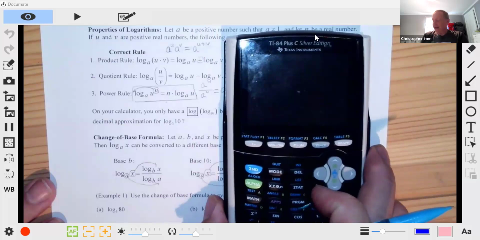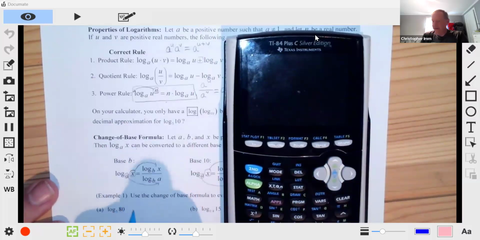Let's go ahead and take a few examples here. The first one I'm going to look at is log base 5 of 80. I'm going to use natural log for this first one. So I should be able to rewrite this as log base e of 80 over log base e of 5.